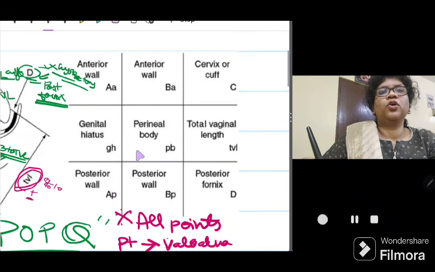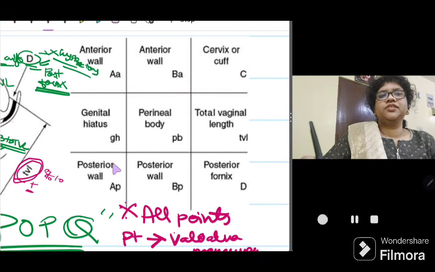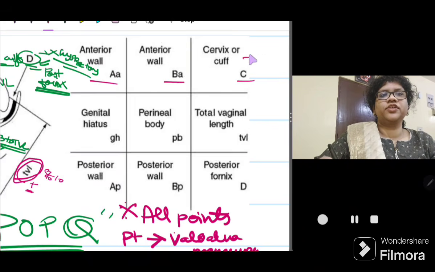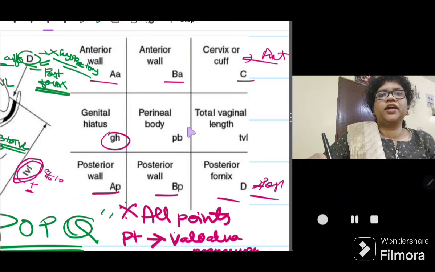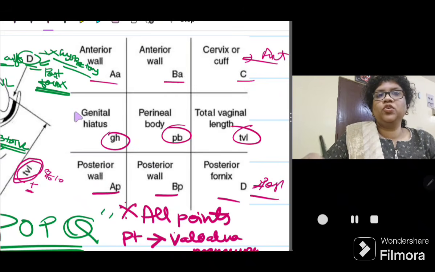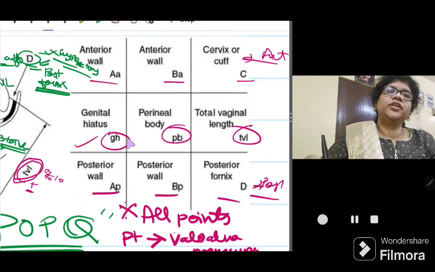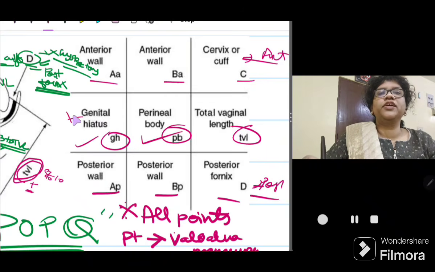Then you are going to plot a table like this, where you have a grid. You have Aa, Ba, C, which correspond to the anterior compartment. Then you have Ap, Bp, D, which correspond to the posterior compartment. Then you have genital hiatus, perineal body, and the total vaginal length in the middle, which you have to write. Remember, genital hiatus and perineal body are always positive because these are measurements.